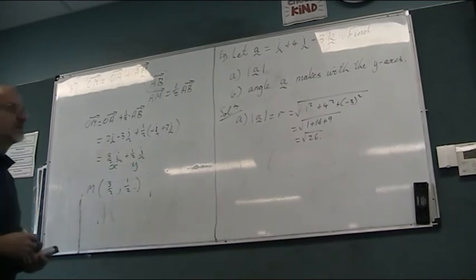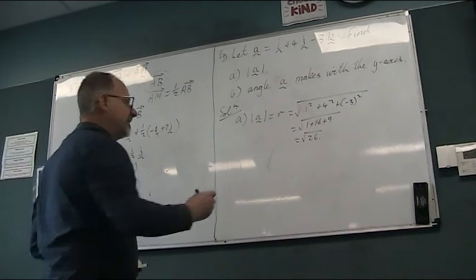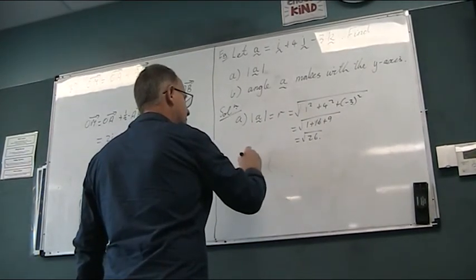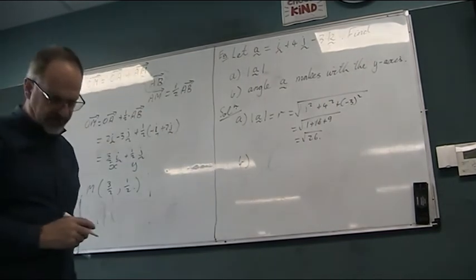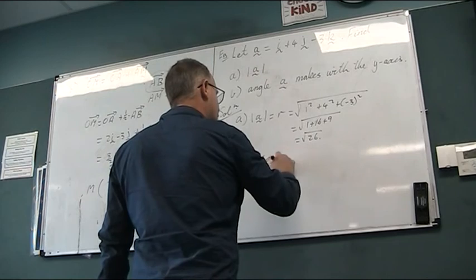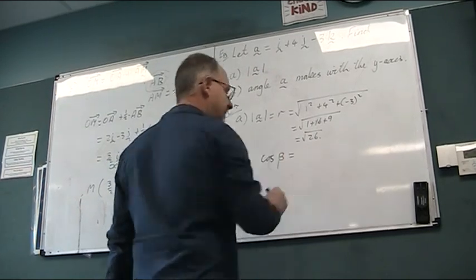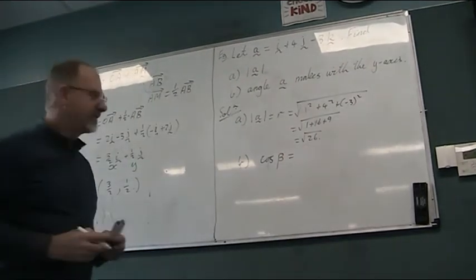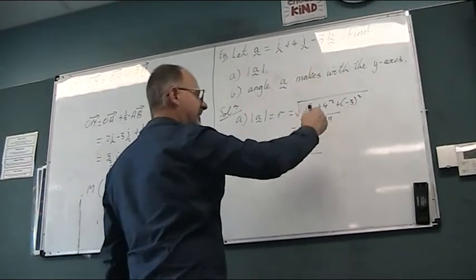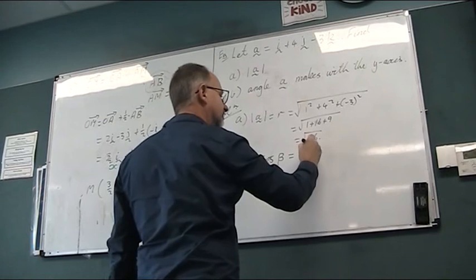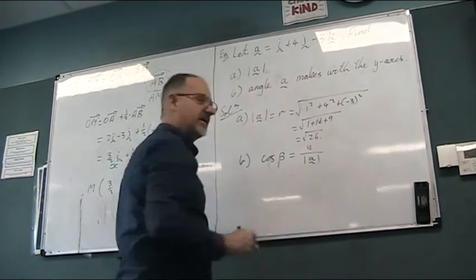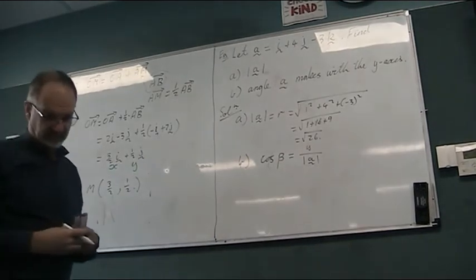All right. Part B, the angle it makes with the y-axis. In the notes previously I called that beta. And so cos of beta is related to what? It's related to the bit in the y direction over the magnitude of the vector.